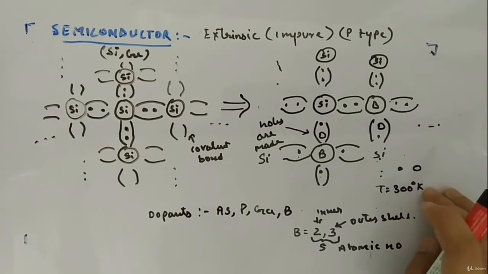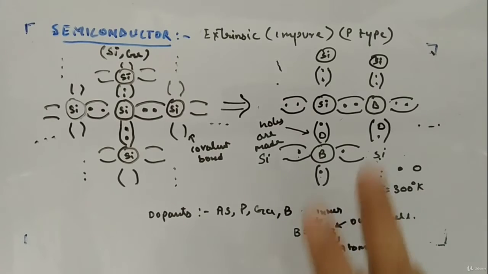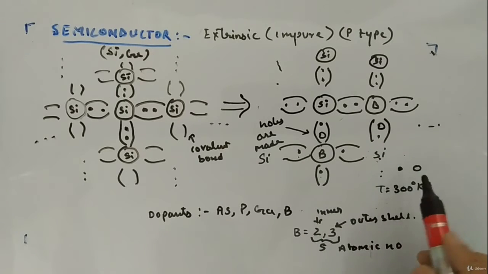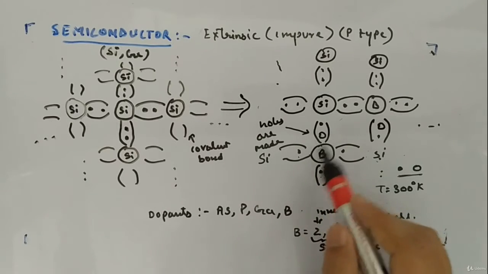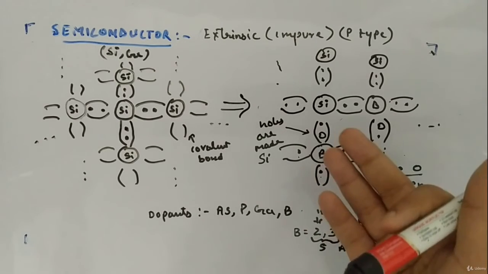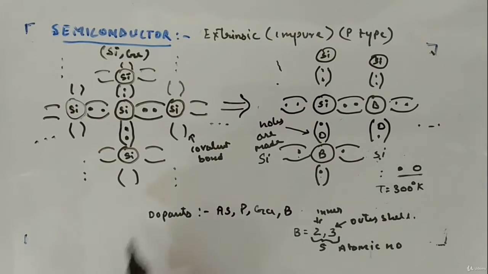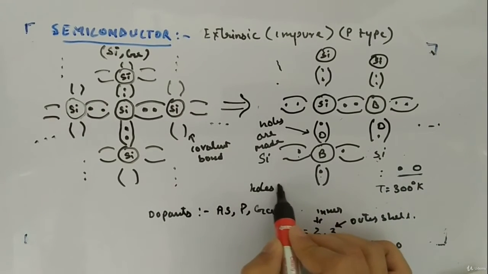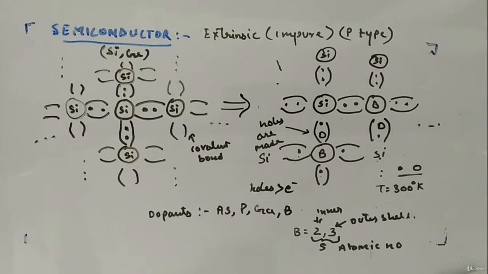So by adding impurity and temperature, both things, this will generate equal numbers of holes and electrons, but it will already have generated some holes. So you can see the pattern that holes will be much greater than electrons.